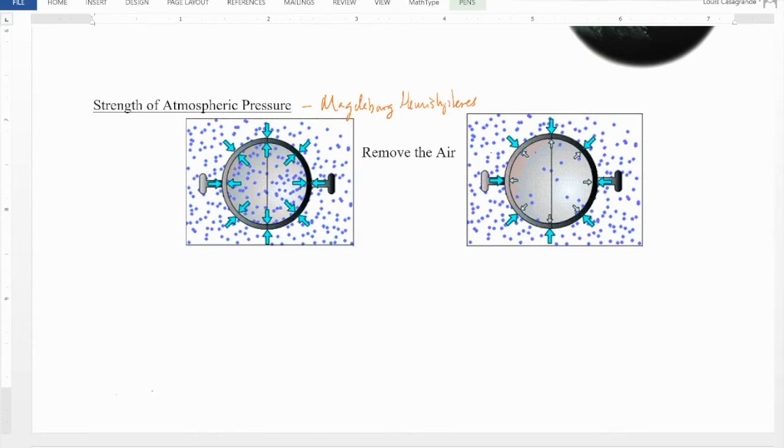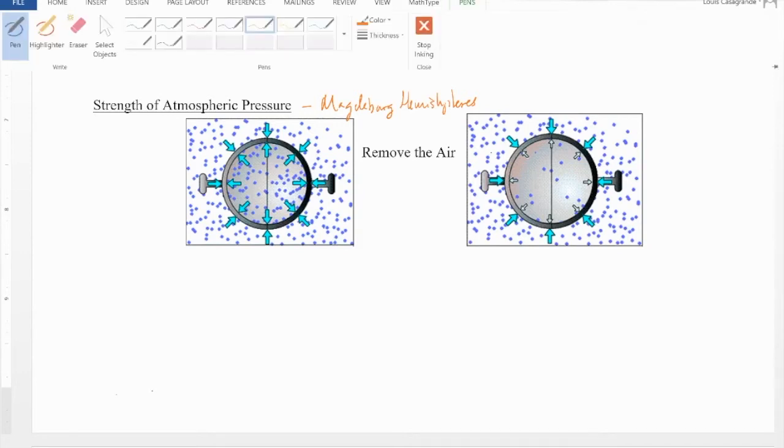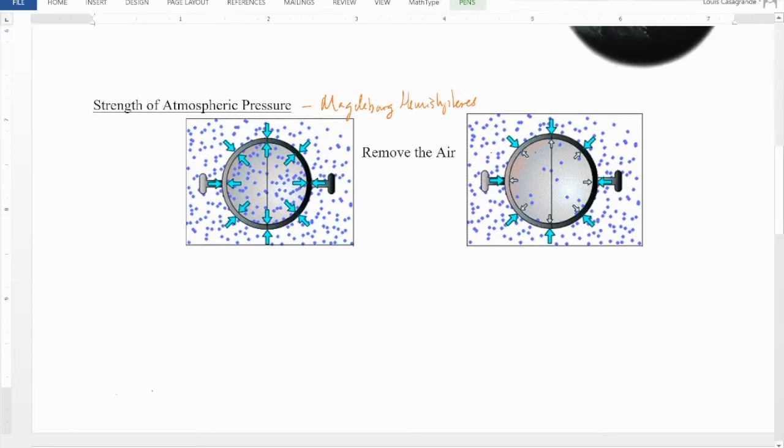The Magdeburg hemispheres are two hemispheres of metal that you put together, and when you first put them together, the pressure inside is equal to the pressure outside. You can see that these arrows on the inside and out are equal length. Those arrows are basically indicating the forces that are being applied.